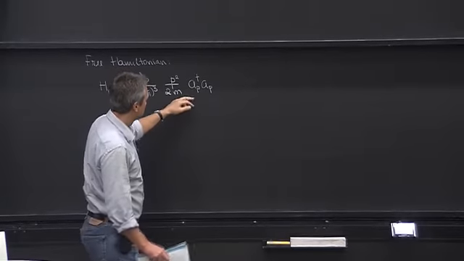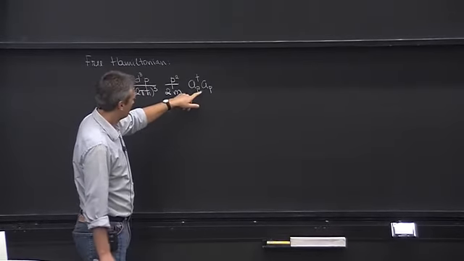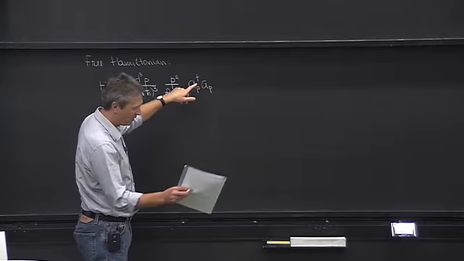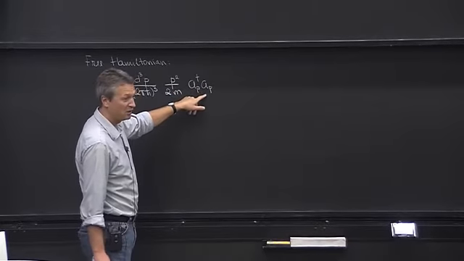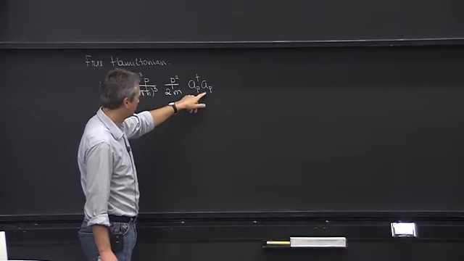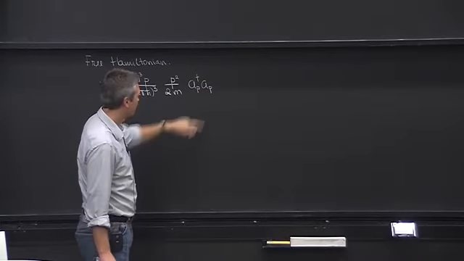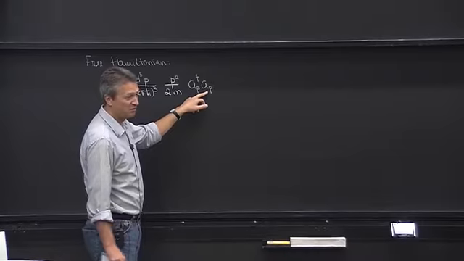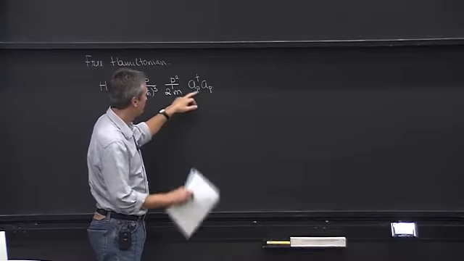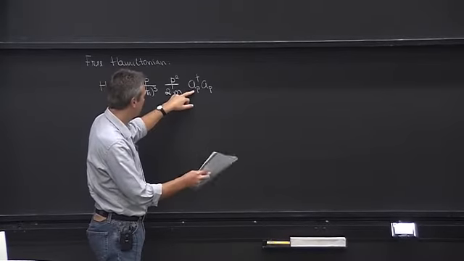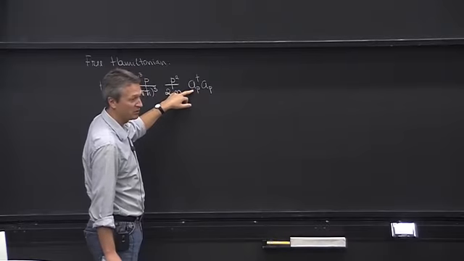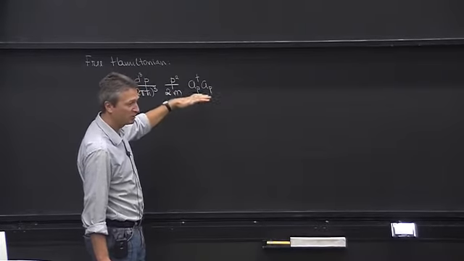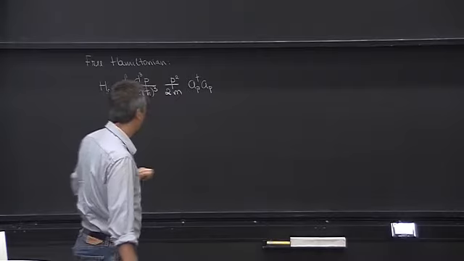Because first, if there are no particles with momentum p, the annihilation operator will kill the state. And if there is a particle, then the annihilation operator will remove it, but then we'll recover this particle with the creation operator. So it will produce just the number of particles with that given momentum.